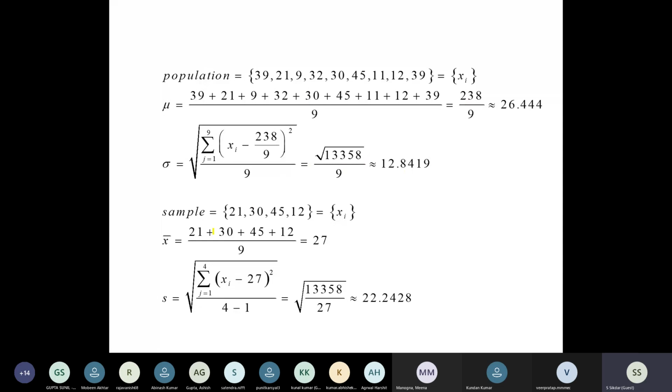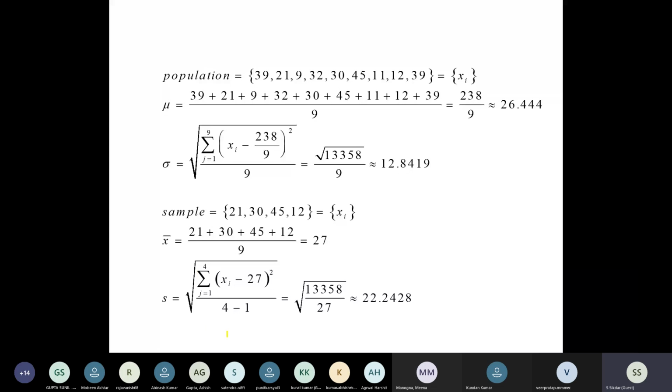And suppose you take these samples out of these 9 numbers: 21, 30, 45, 12, and then you take the average, then it is x bar, then you come up with this, and this is the sample standard deviation. That's why, as I told, it is n minus 1.